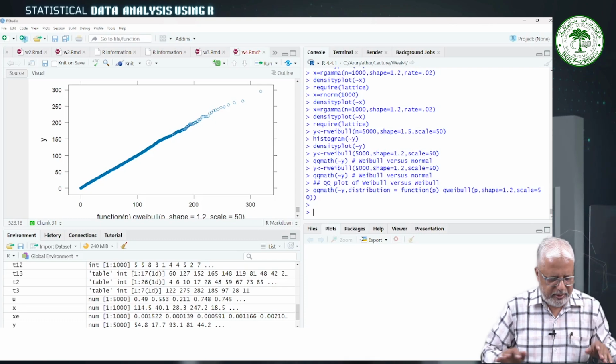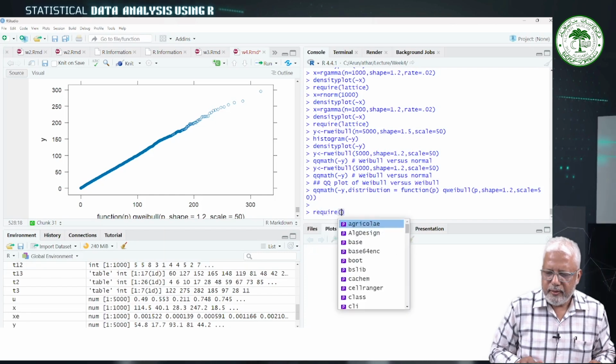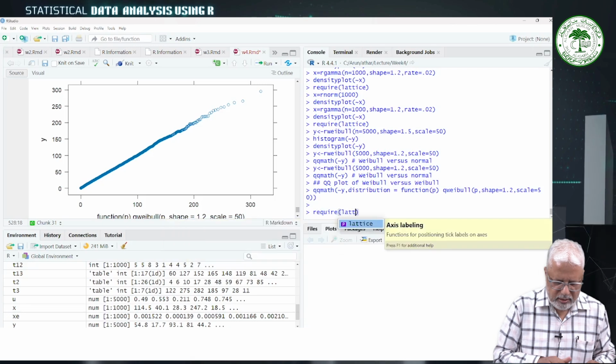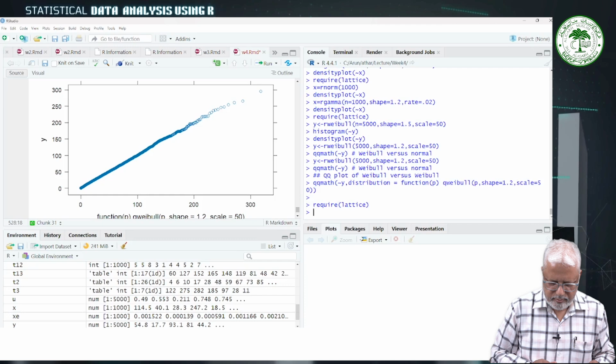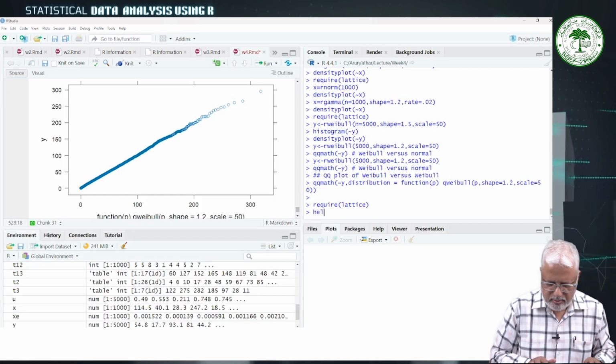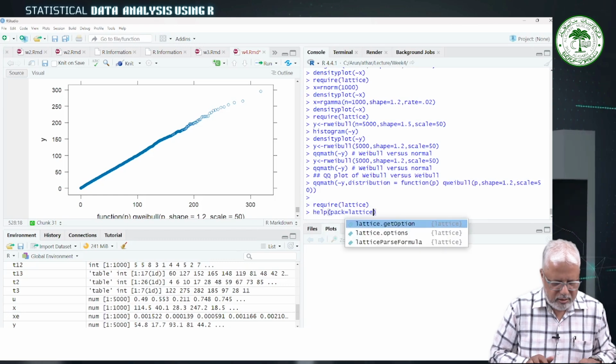To display some examples, require lattice and help with package equal to lattice.